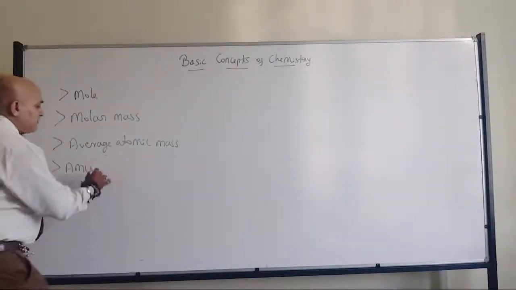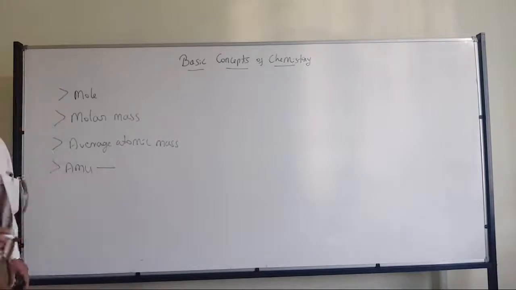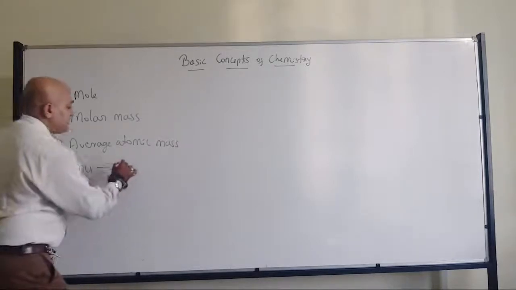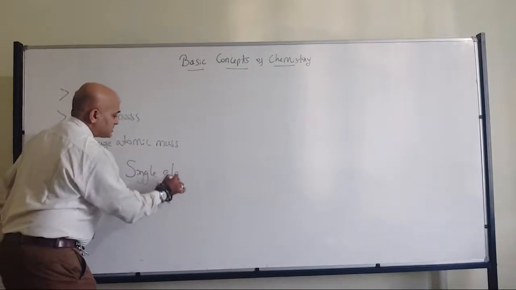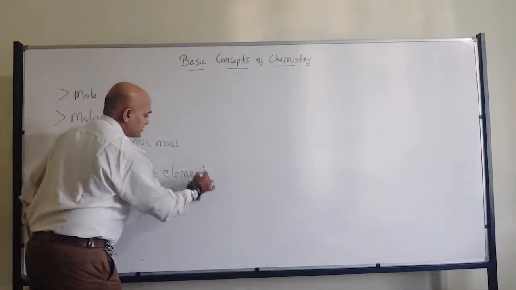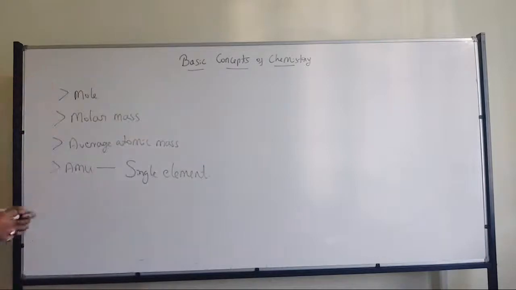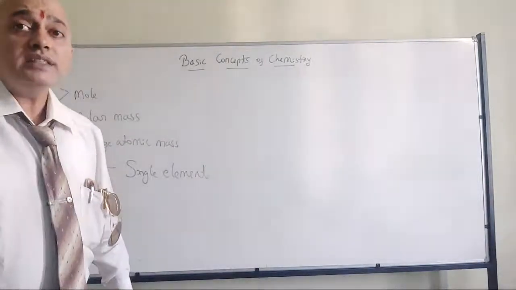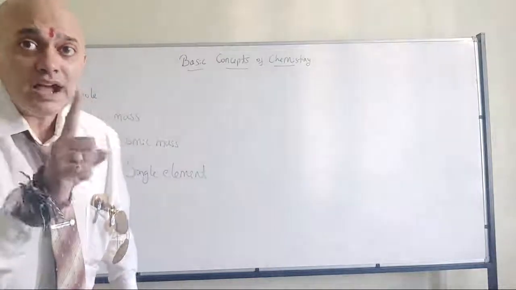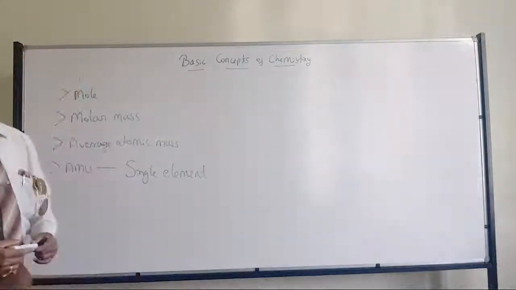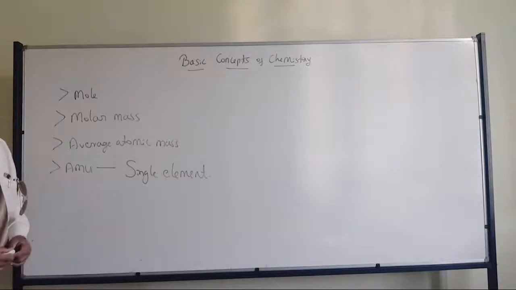Whenever we are writing atomic mass unit for an element, that means we are dealing with a single atom. If I am telling hydrogen as one atomic mass unit, that means I am talking about one hydrogen atom. Fine? So that's what we have discussed.